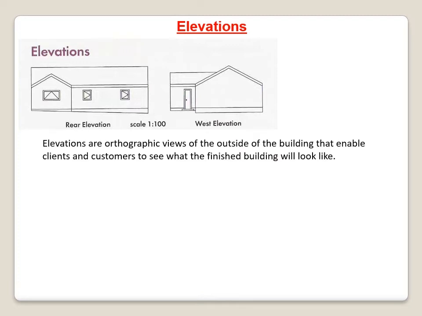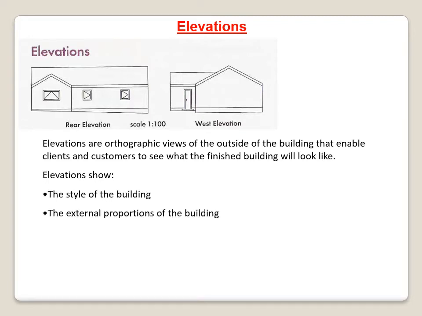So elevations are orthographic views of the outside of the building that enable clients and customers to see what the finished building will look like. Elevations show the style of the building, the external proportions, the external features, for example, window styles, maybe wall finishes.